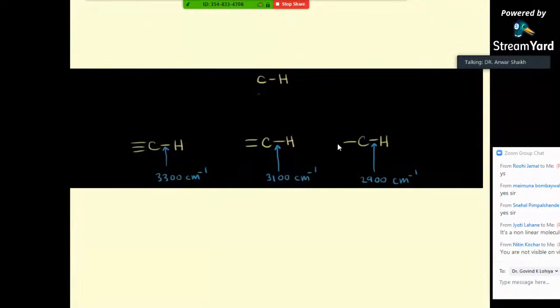Now if you come to the sp3 hybridized carbon, single bonded carbon, all single bonds, here you can consider s and p3, so total 4, 1s and 3p. So s is 25 percent, and p is 75 percent. So the s character is only 25 percent. So this bond is again a little bit weaker. The weaker it is, the lesser the frequency.